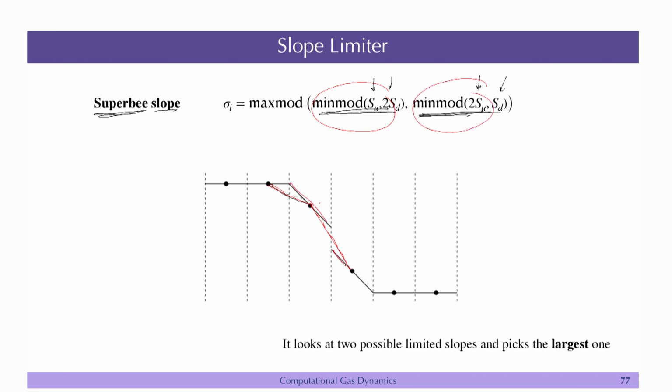And here also it did the same, and you can see that this is also not developing any undershoot or overshoot. There is no point which is going like this or like this, right. So, this is the superbee limiter, and it is coming from the theory that it has to be bounded by 2r. It cannot exceed 2r.